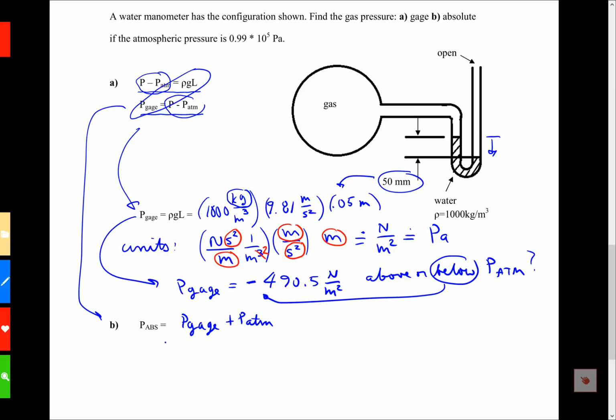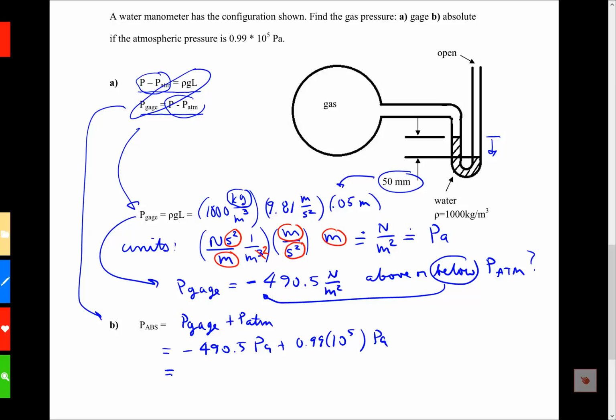And now we've got minus 490.5 newtons per meter squared, or I guess those should be pascals. Let's use pascals. Pascals plus 0.99 times 10 to the 5th pascals. That's the given value up above.